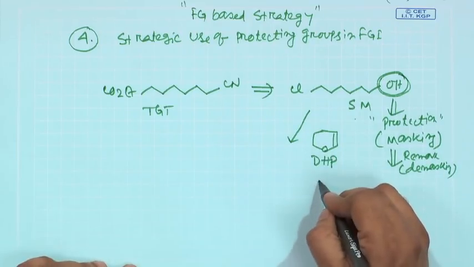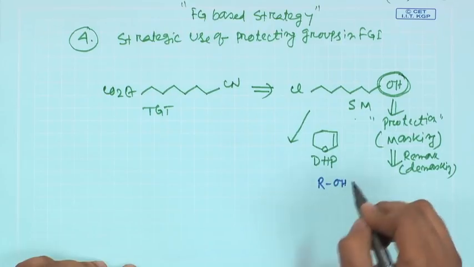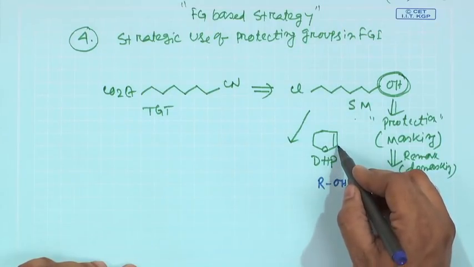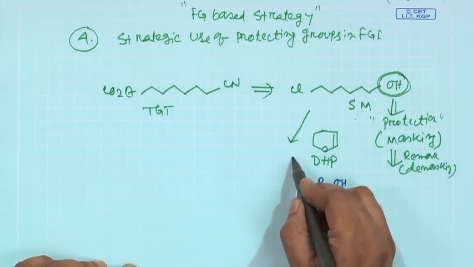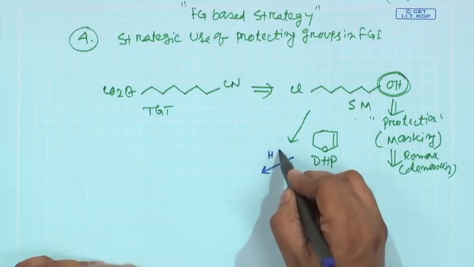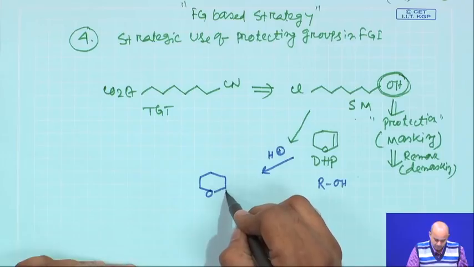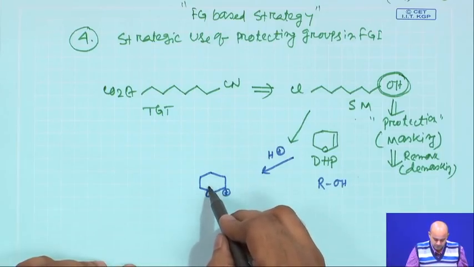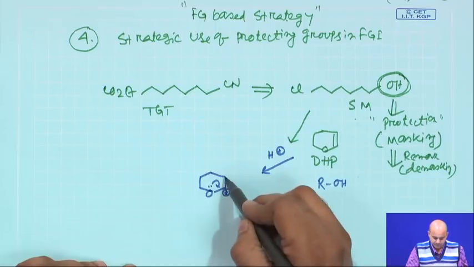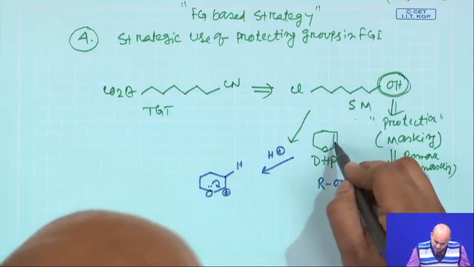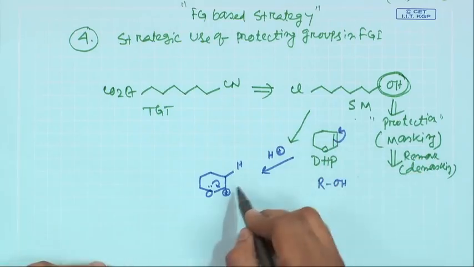If you react DHP with an alcohol in the presence of a catalytic amount of mineral acid or para-toluene sulfonic acid, initially DHP in the presence of acid gives a positive charge here, because this positive charge is stabilized by this oxygen and a hydrogen is adding here. So, you get a positive charge here.